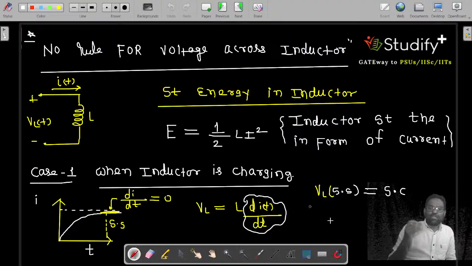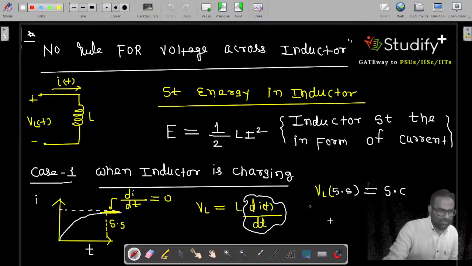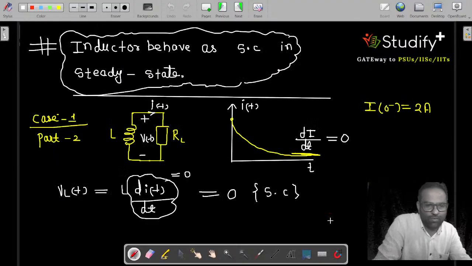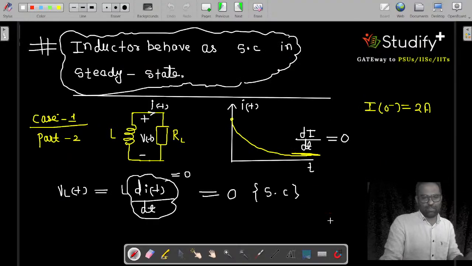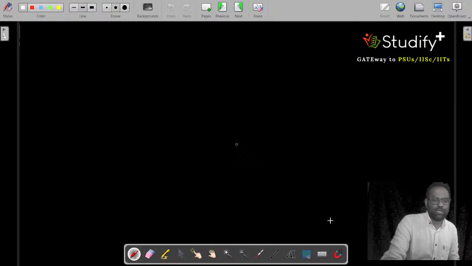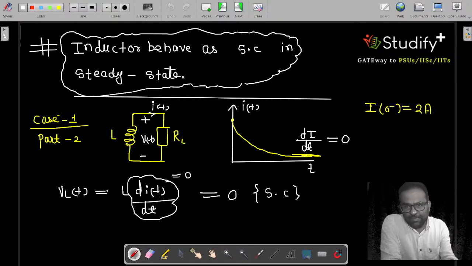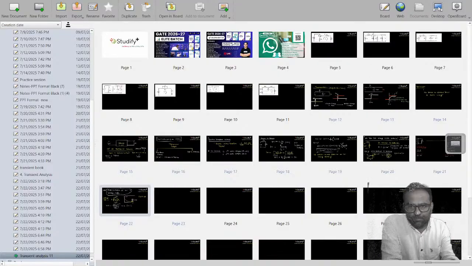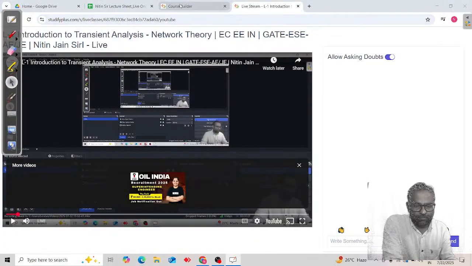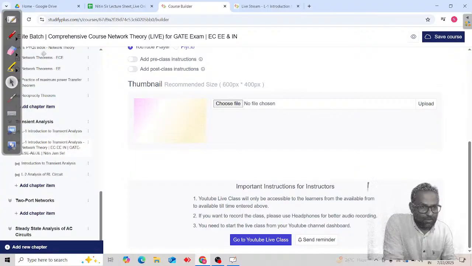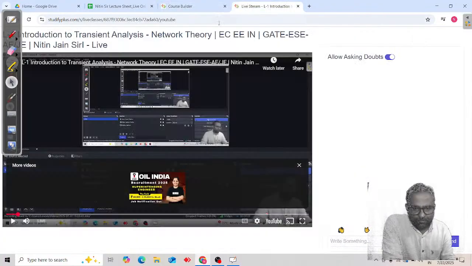Whether you are charging your inductor or the inductor is discharging, in both the cases, in steady state, you can replace your inductor by short circuit. These are the whole conclusion of our analysis of the inductor. This much information is enough to approach any question. I hope this is clear. Is it okay?